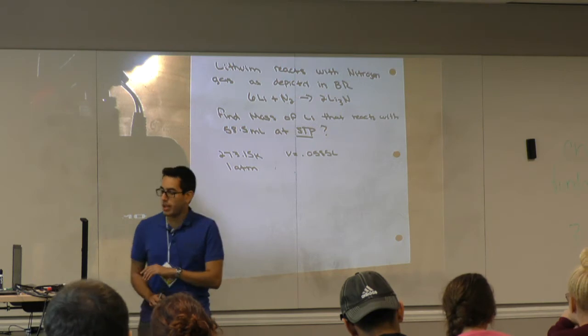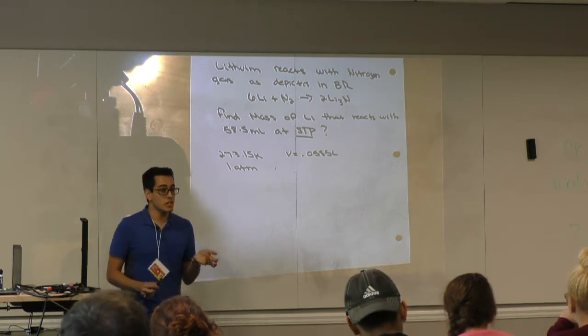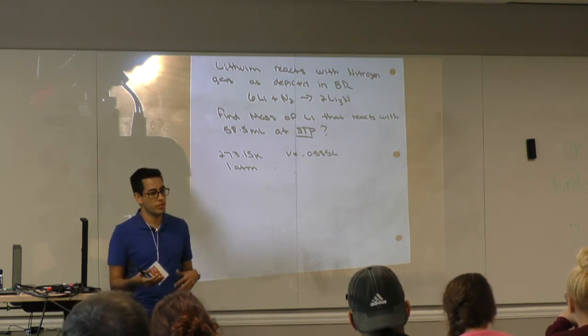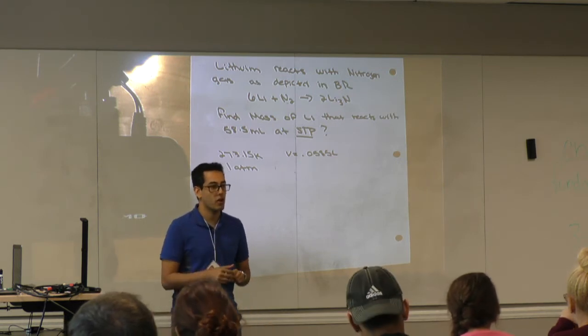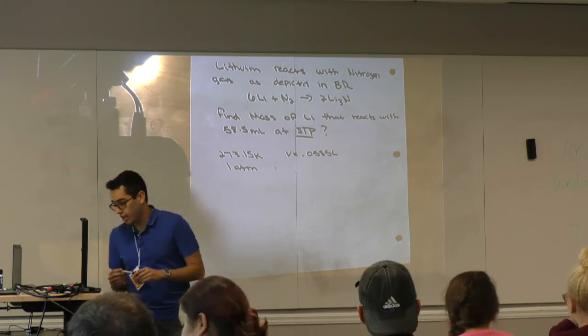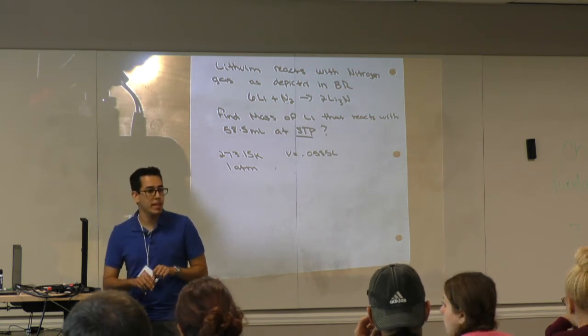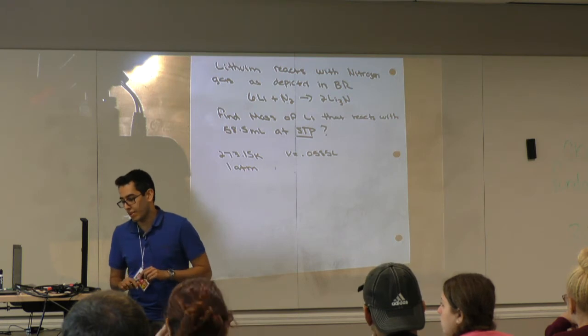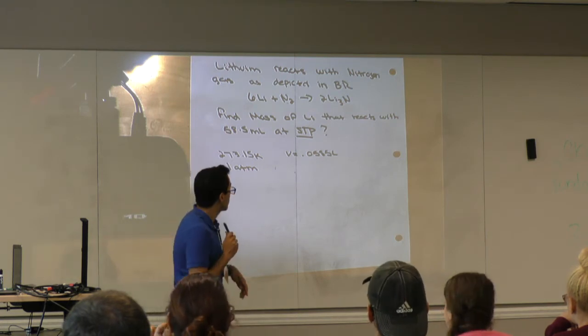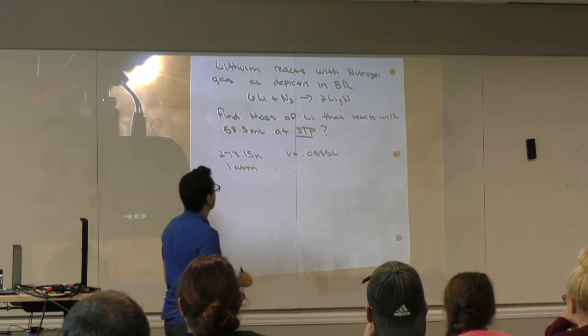So again, this is a gas question at first, but then the later parts are just stoichiometry, converting back and trying to solve for what we know versus what we have. Because we have a balanced equation, in order to solve for the mass of lithium, we need the moles of nitrogen.